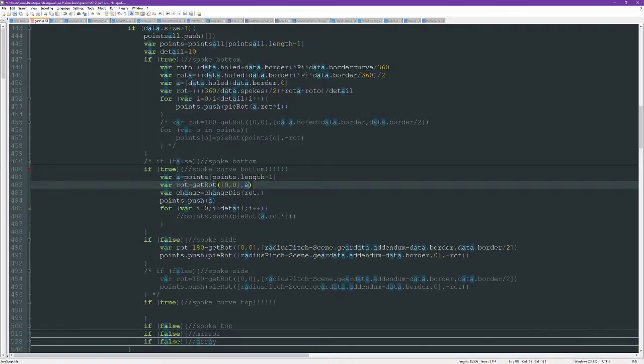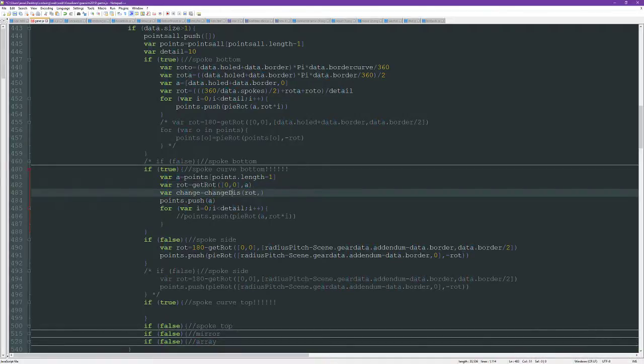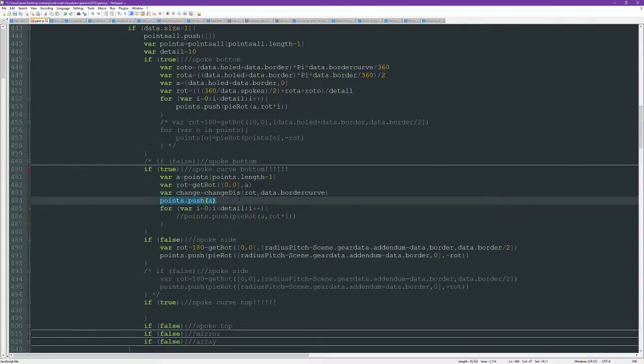What was it on? So that gets me the rotation. I want to change it by border curve. And then break instancing. A0 plus change.